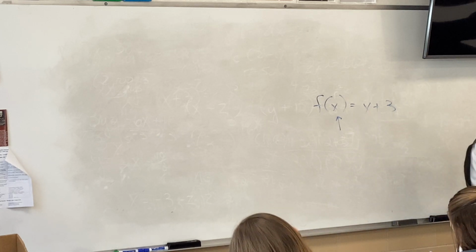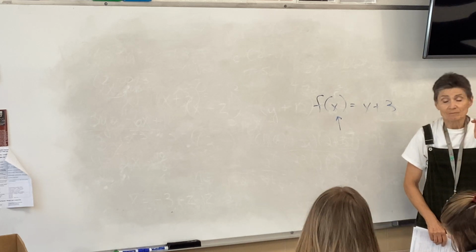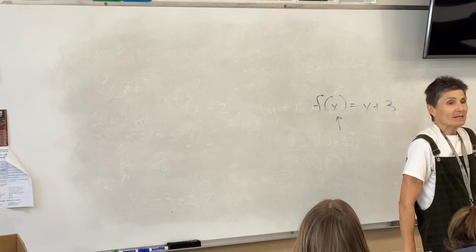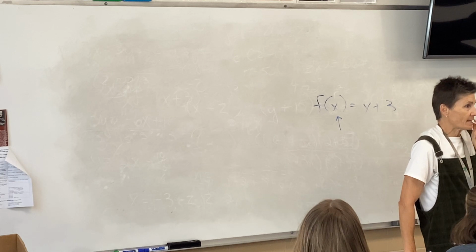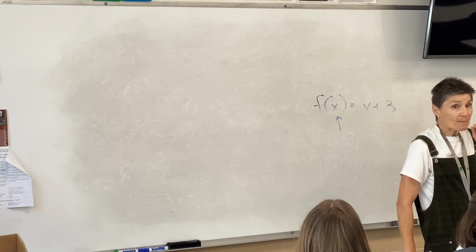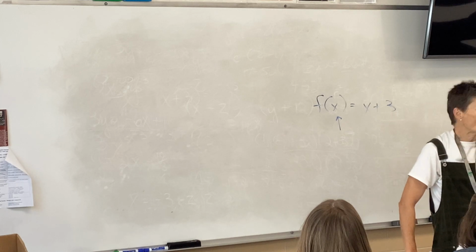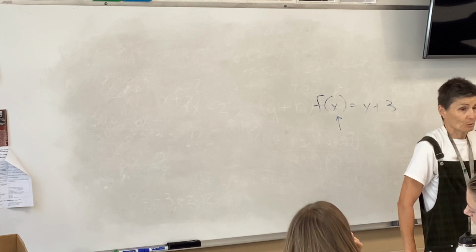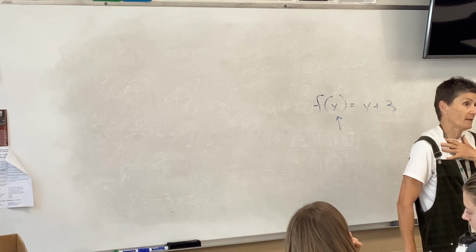What I want to discourage you from doing is saying something like a function is anything that passes the vertical line test. Now, they may have told you that in Algebra 1, and that is perfectly okay in Algebra 1, but that is only true in the Cartesian coordinate plane.